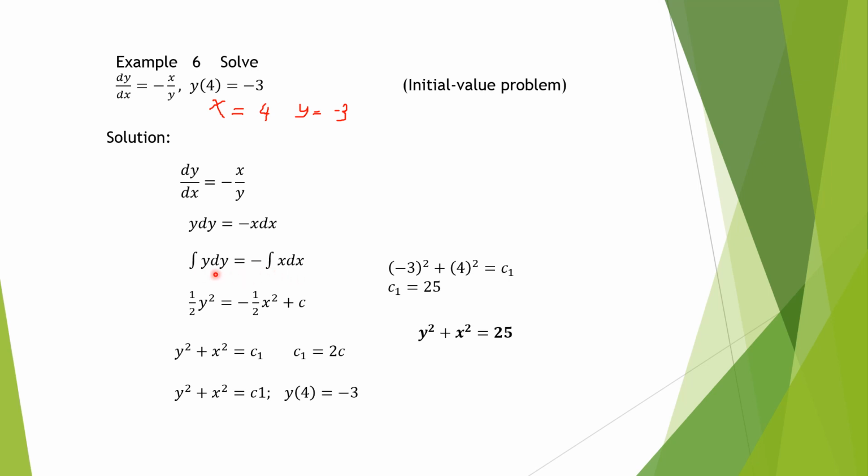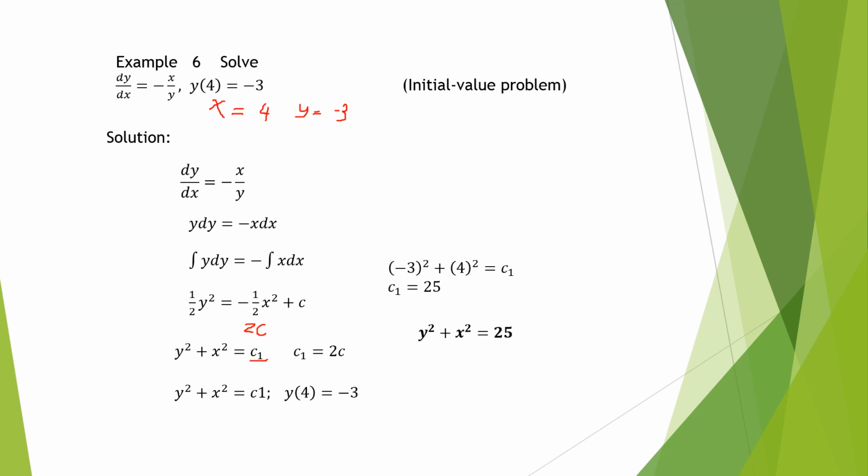The integral of y dy is 1/2 y squared, and the integral of negative x dx is negative 1/2 x squared plus an arbitrary constant c. Now multiply both sides by 2, and transfer x squared to the left: y squared plus x squared equals c1. Where of course this is originally 2c, and then that is just replaced by c1.